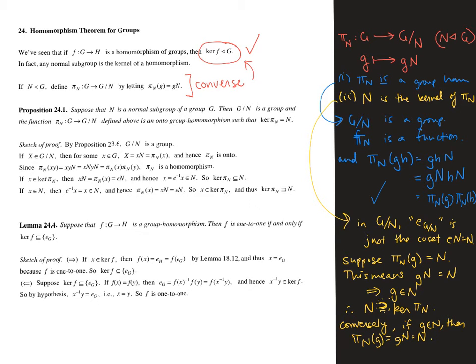So lemma 24.4 says that our homomorphism is one-to-one if and only if the kernel is just the identity element. We have a subset here, but we actually could just use equality because the identity is always in the kernel, and so now we're saying that the kernel really is the identity element. There's nothing else in there. And that's a kind of cool result that I will let you explore on your own.